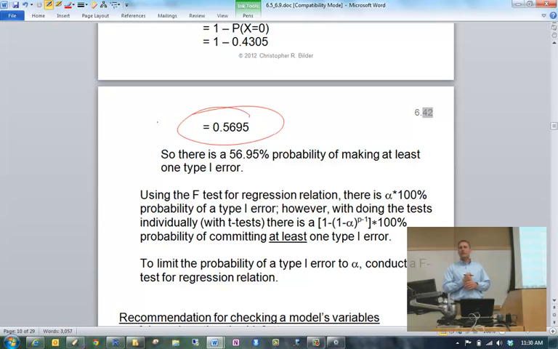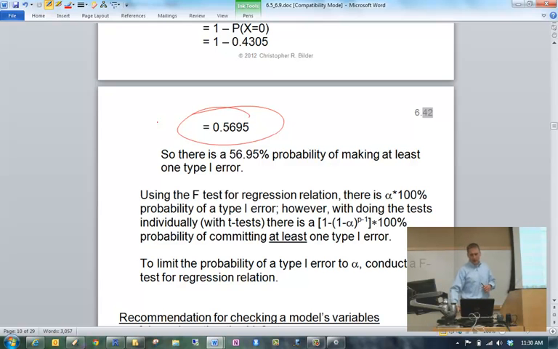That's not good, obviously. That's if you were to do the individual t-tests. But instead, if you did one F-test at the same alpha level of 0.1, what's the probability of making a type 1 error? Well, 10%.